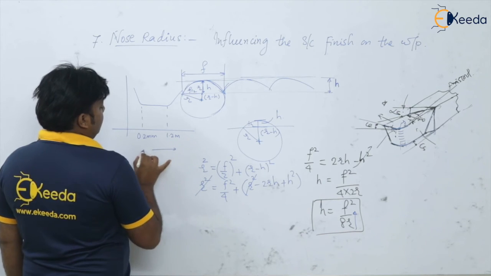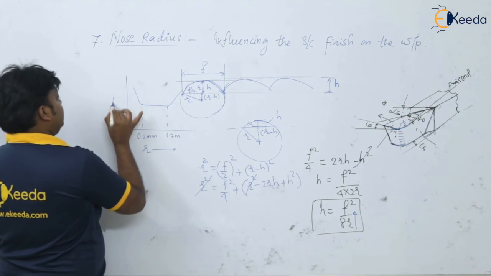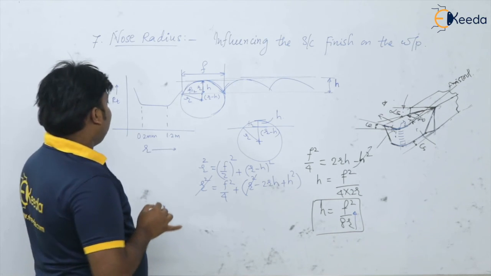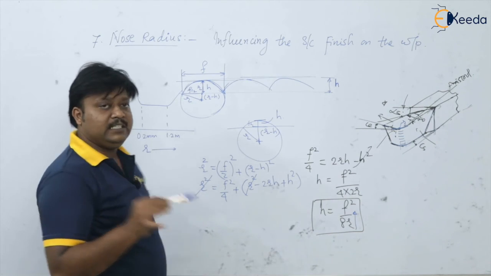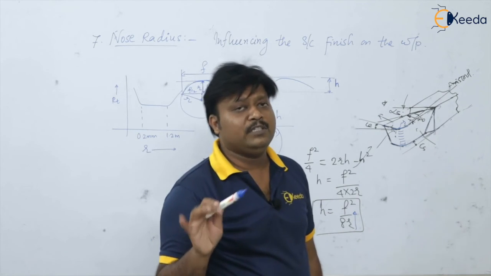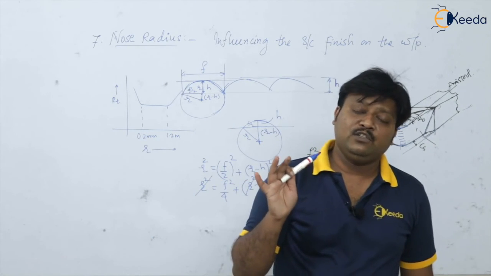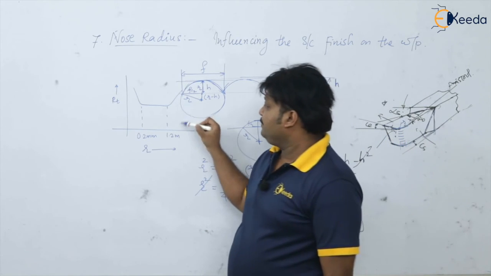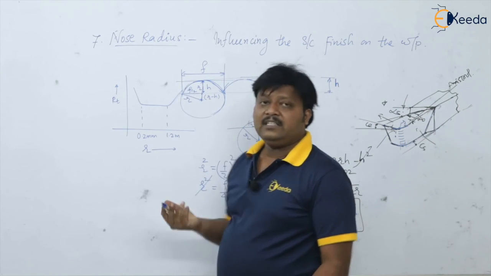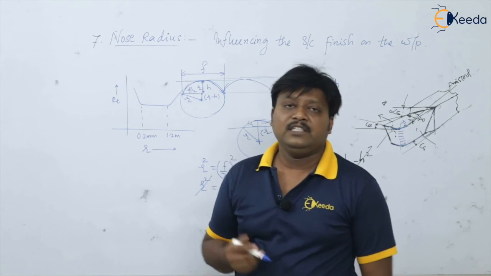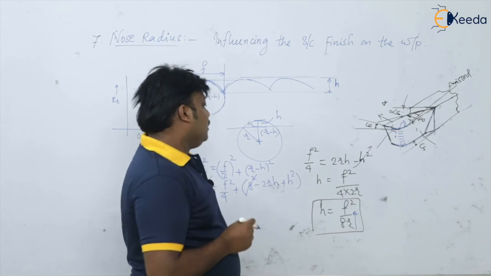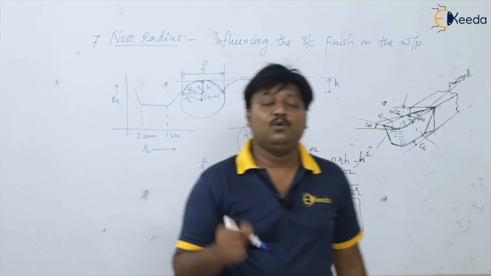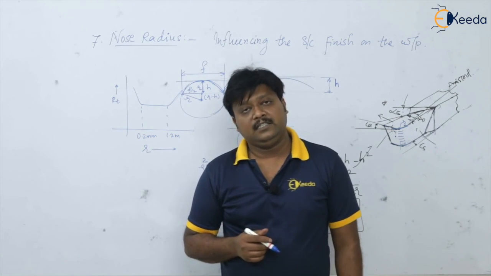Say this is our nose radius and this is Rt, that is the surface roughness. If the nose radius is between 0.2 to 1.2, it is okay and the surface finish is always good, but beyond that the surface finish goes on decreasing. That is, the Rt value goes on increasing, which means surface finish goes on decreasing. So this is how the nose radius affects the produced surface finish on the component.